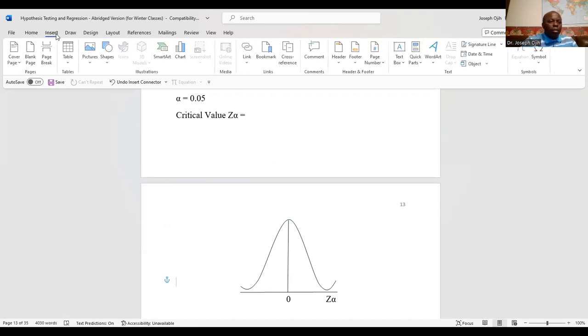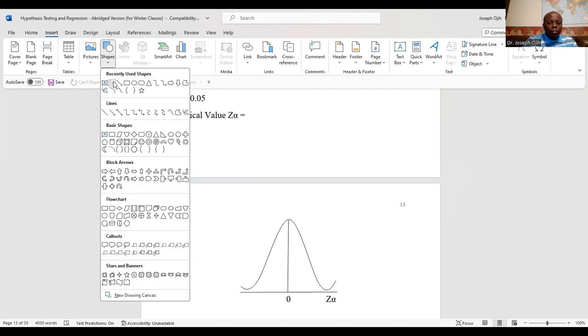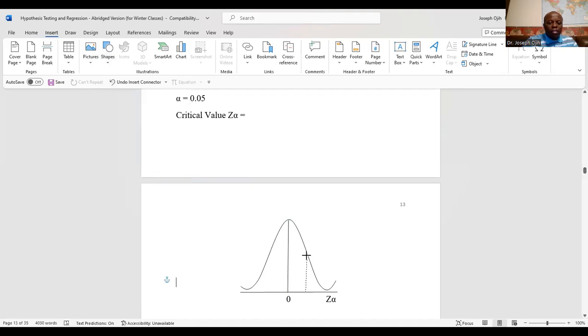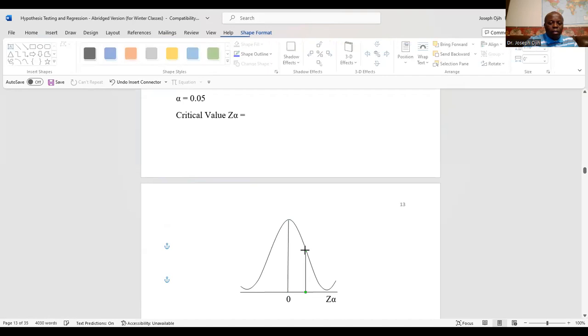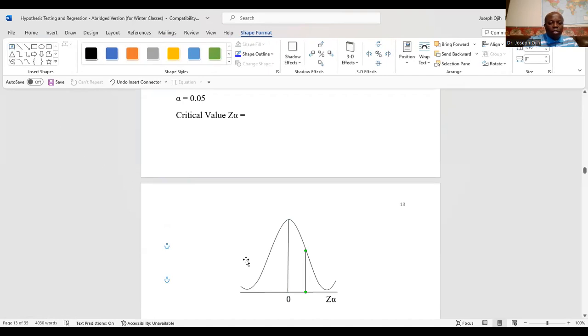We're gonna put the line where you have the critical value, right here, because it's a right tail test. Then I'm gonna share this.